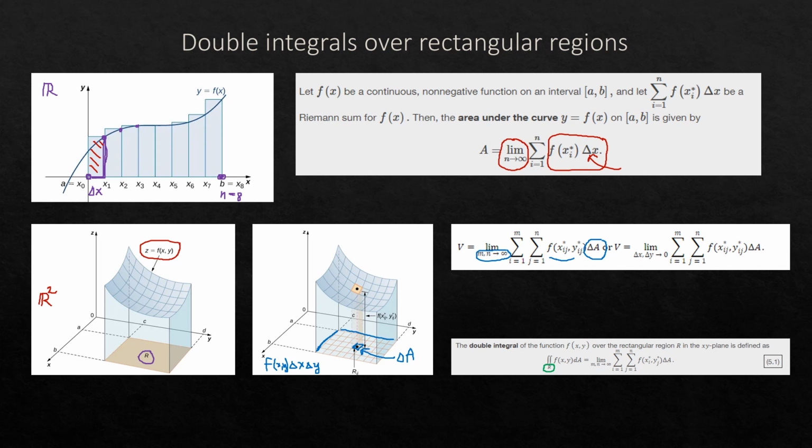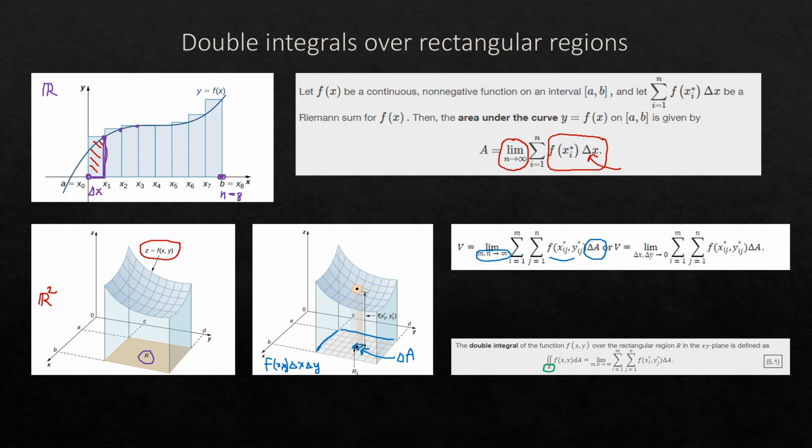So what is it? It is the limit of this double sum of f of x, y times delta A. That's the formal definition. That's all I wanted you to see as far as the definition and this whole notion of a Riemann sum.